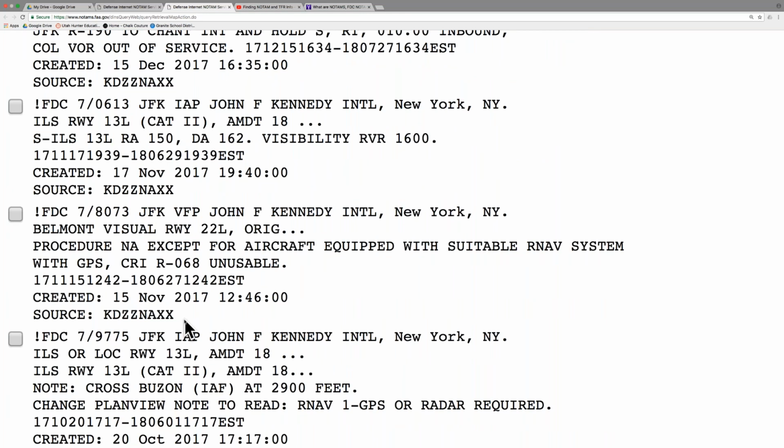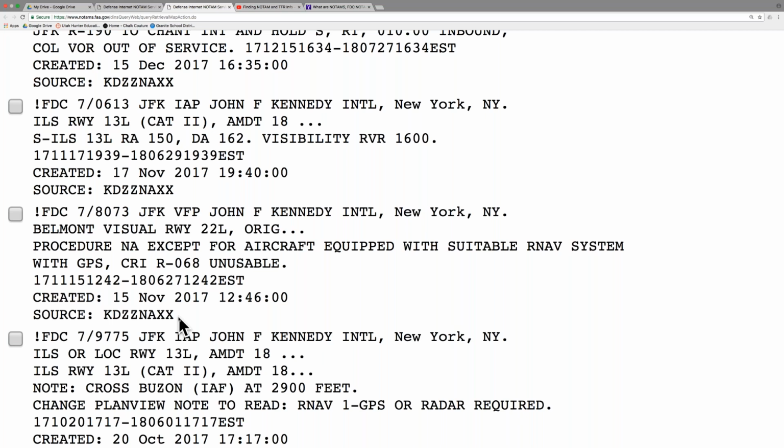They're kind of easy to understand, but what do these tell us exactly? What do we have to look for? These are changes to the actual approaches, departures, or arrivals. This is talking more about our navigation type NOTAMs. Does that make sense?